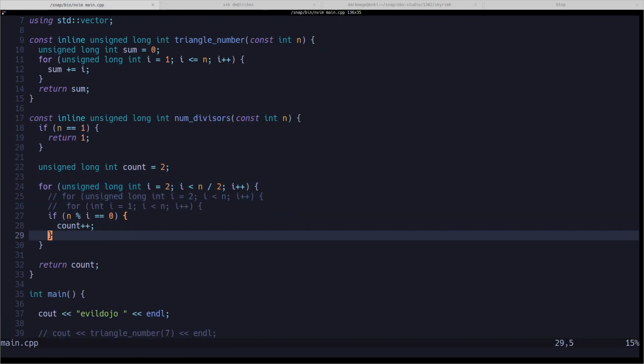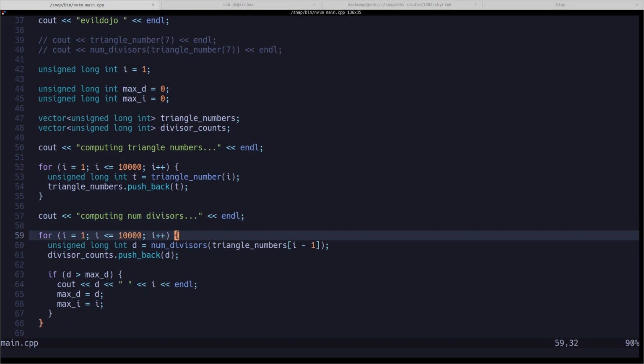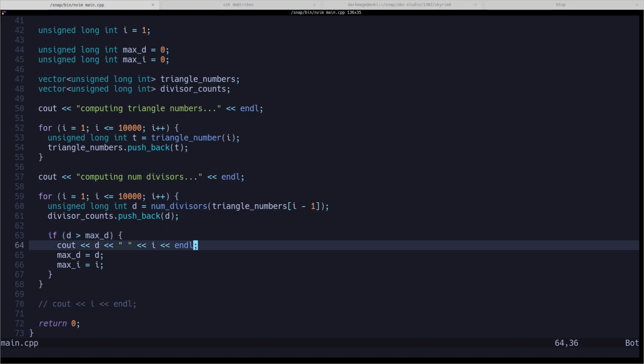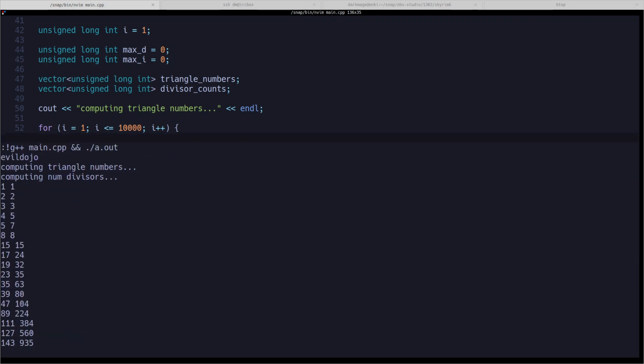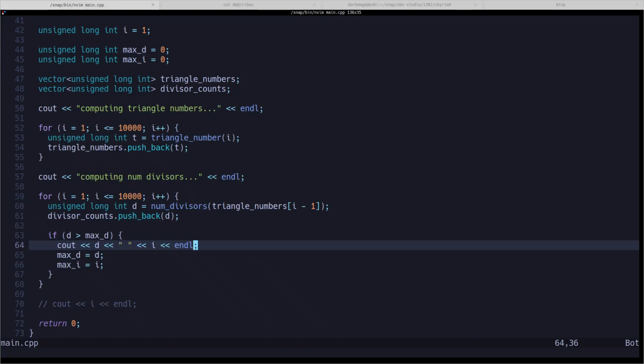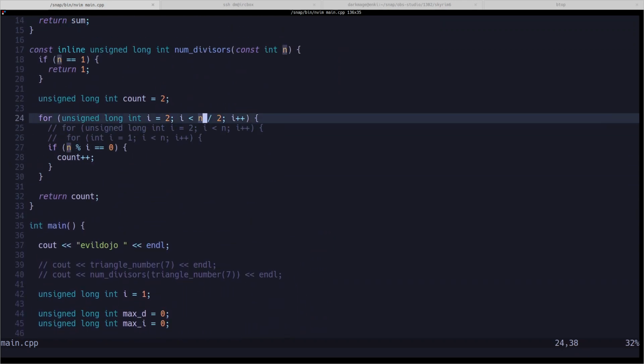I'm printing out the new maxes. Less than or equal to.